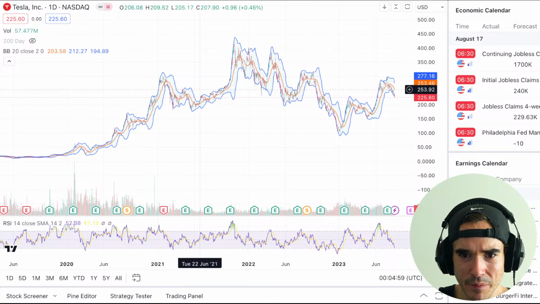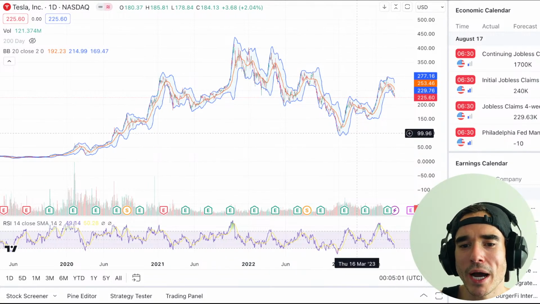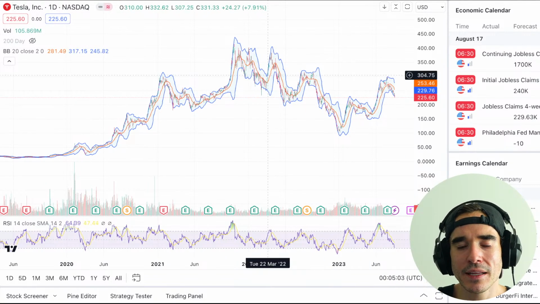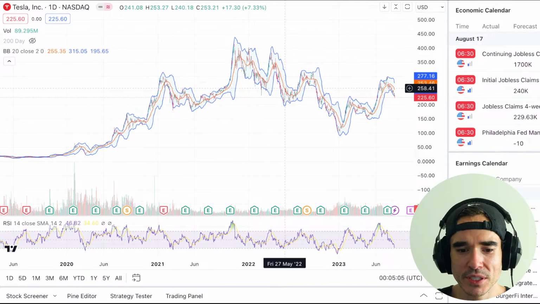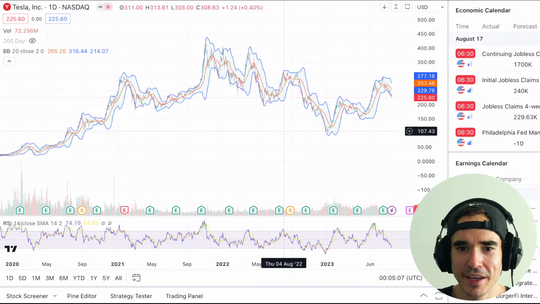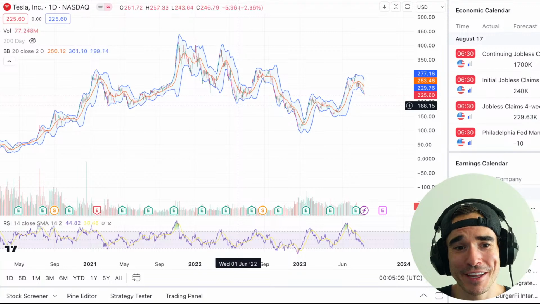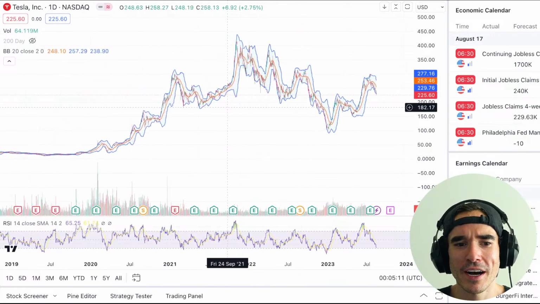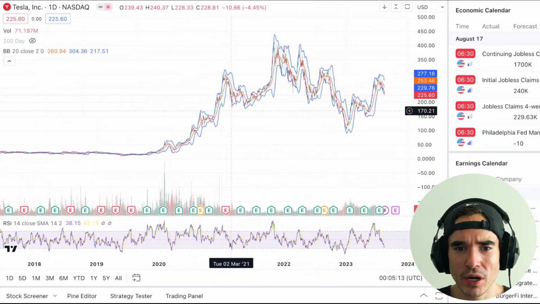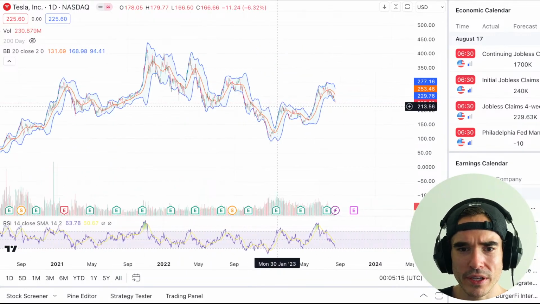That's definitely going to be a bit of a ceiling. Why does it become a ceiling? What was your prior support becomes your new ceiling, and it really does always work like that. It kind of is that simple, with the caveat that in markets anything can happen all the time.